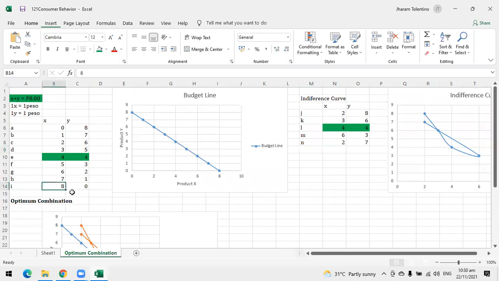In order for me to get one unit of Y, what do I need to sacrifice? Easy, just one, right? From 8, I make it 7, how many do I get? One. Or on the other side, to have product X, how many units of product Y do I need to sacrifice? So that is 8 minus 7, that is 1, so I can have 1. That's why the ratio is 1:1.